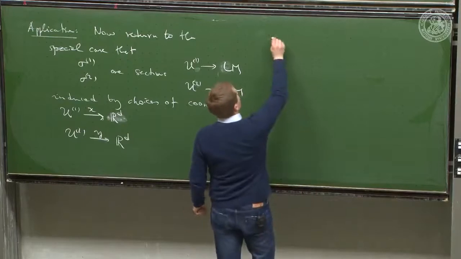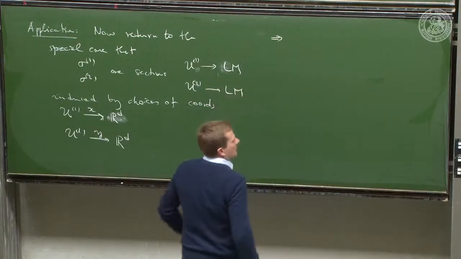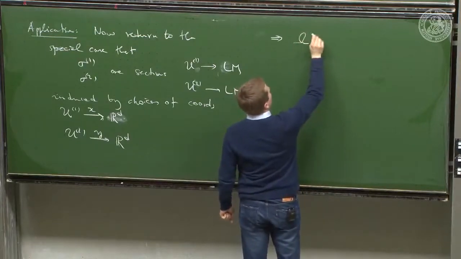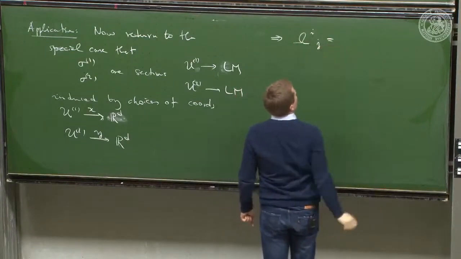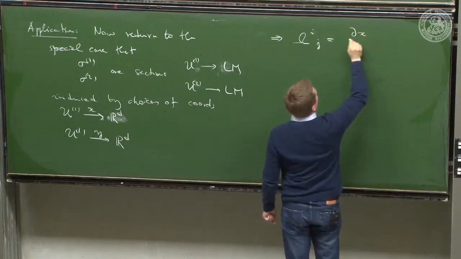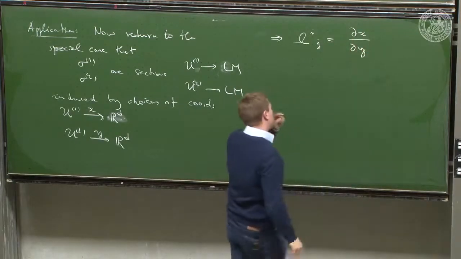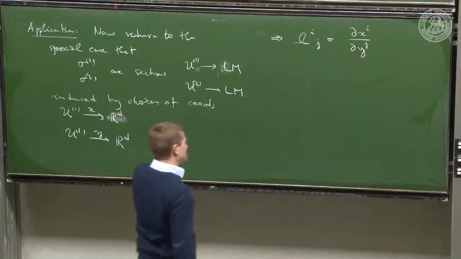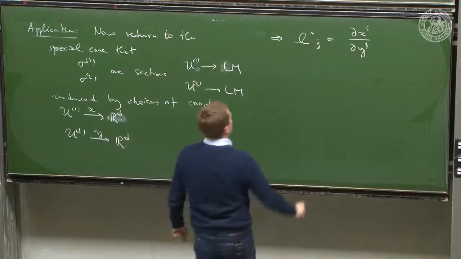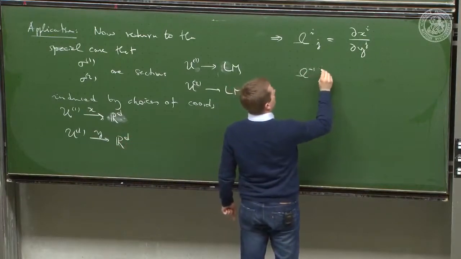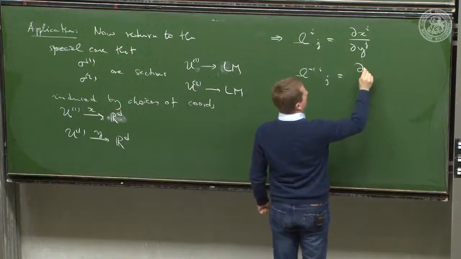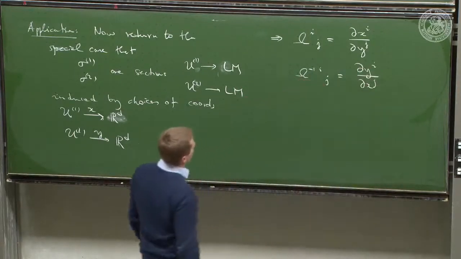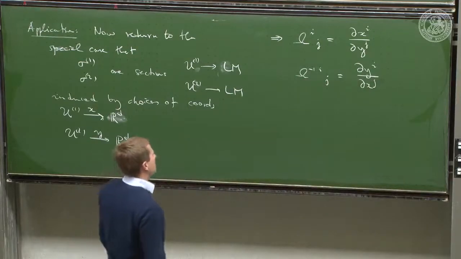And then this omega that you have here, the omega ij, is just a Jacobian. Oh, and now we need to check whether it's the right way around here. dx^i by dy^j, let's try this way around. This is this guy. Then, of course, the omega inverse ij is that guy, dy^i by dx^j. Okay, it's this way around.